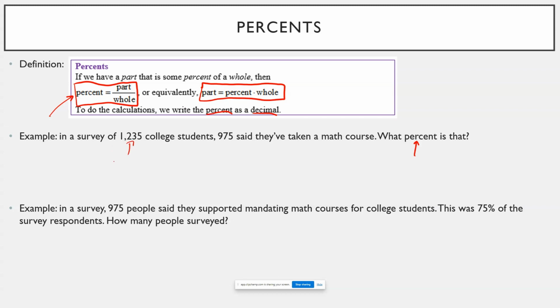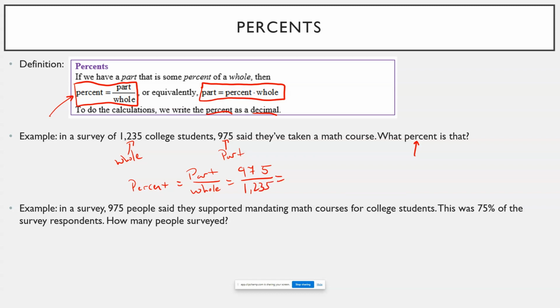This is the whole because that's the total, and this is the part of that whole. So the percent is equal to the part divided by the whole, which is 975 divided by 1,235.